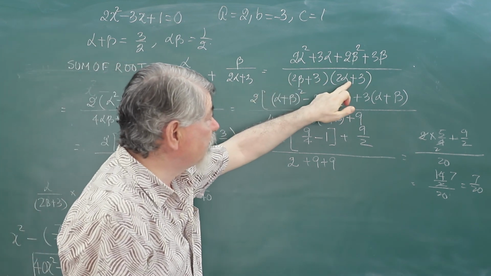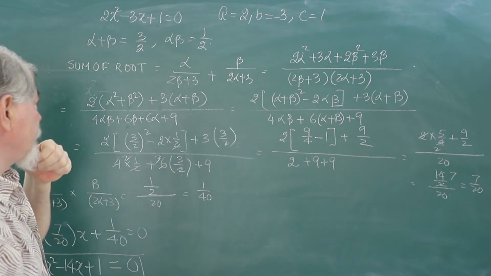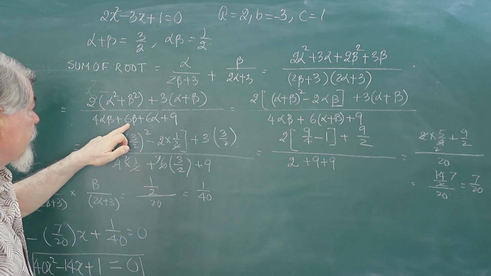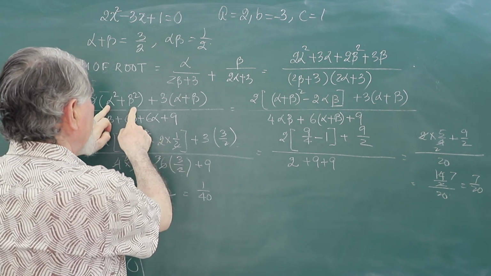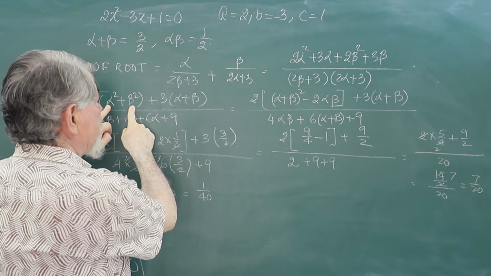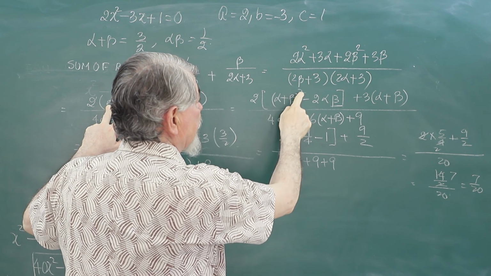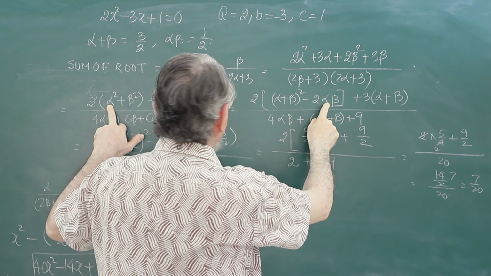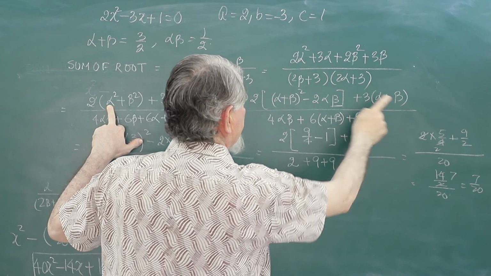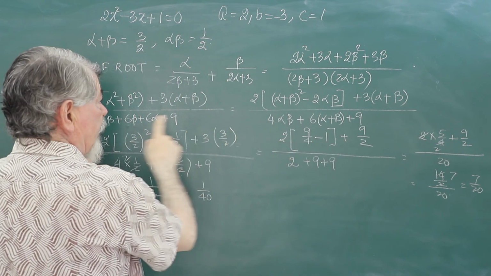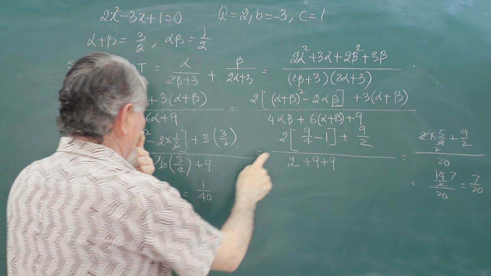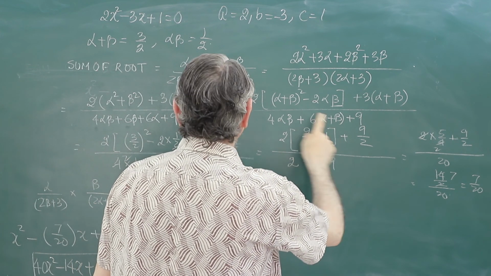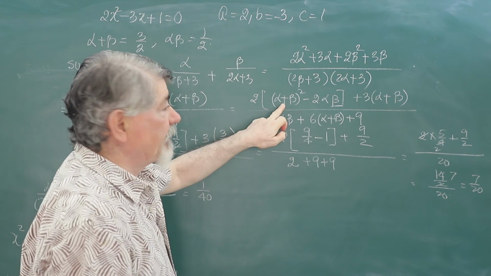When I multiply the denominator, I'll get the known forms 4 alpha beta plus 6 beta plus 6 alpha plus 9. Now in the numerator I have alpha square plus beta square, which is alpha plus beta whole square minus 2 alpha beta, plus 3 into alpha plus beta. In the denominator, out of 6 alpha and 6 beta, I take 6 common, alpha plus beta, plus 9. Now everything is known to you.